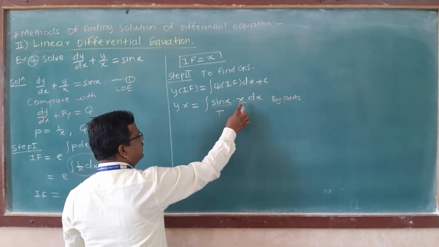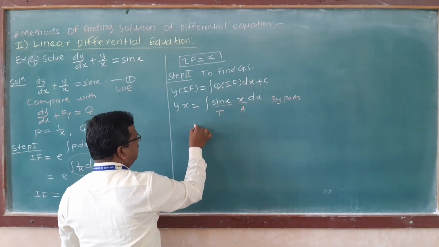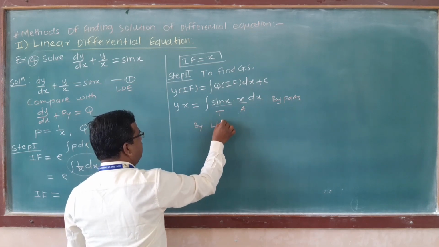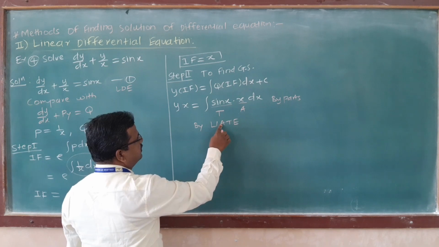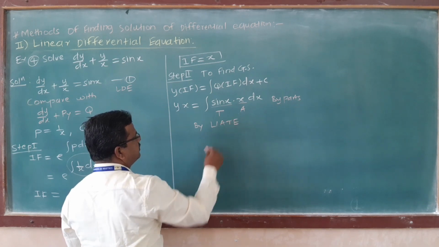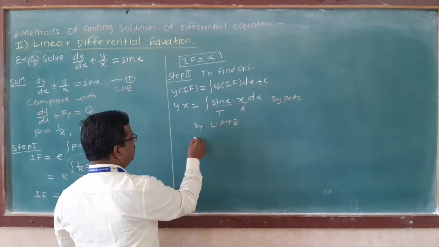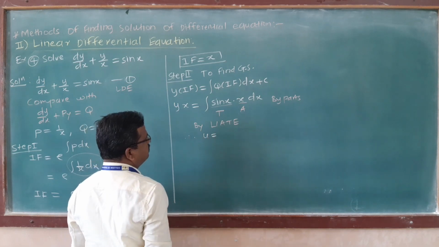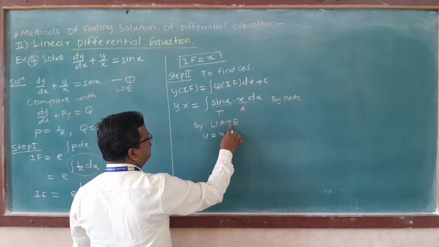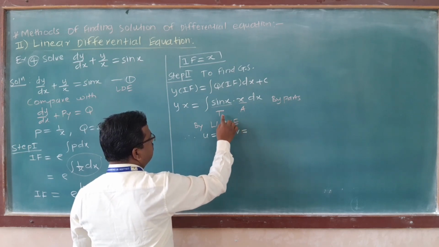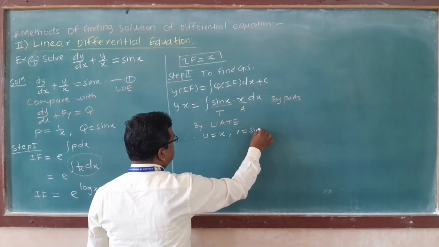And by this rule LIATE, in this order, A comes first and then T. Therefore algebraic is the first function. Therefore u is equal to x, the first function which is algebraic, and then v is equal to the trigonometric function, that is sin x.